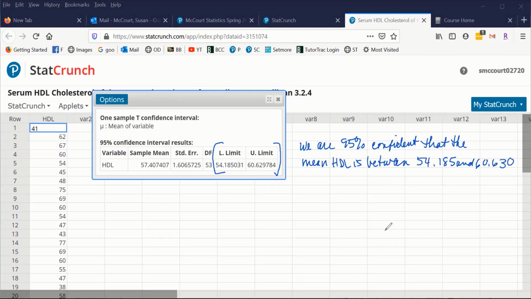Is this the answer for B? That's for A. Oh, okay. So there's our confidence interval. It doesn't say to put it in a sentence, so if you just put it as 54.185, comma, 60.630, that would work too.